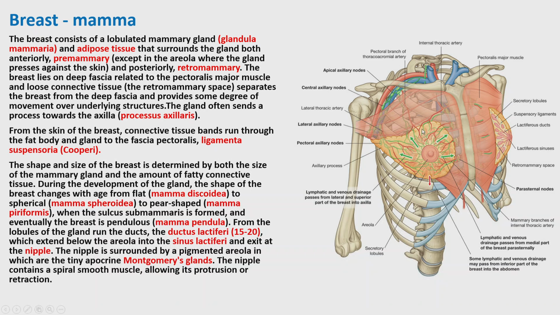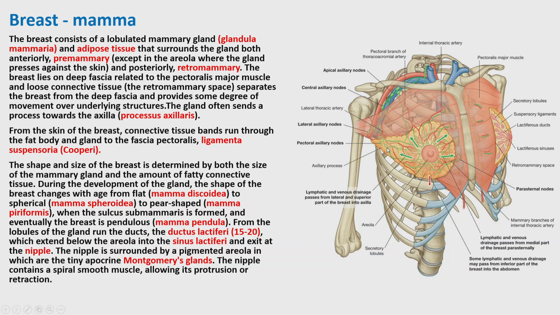This adipose tissue we divide into the premammillary adipose tissue, which is in front, in front of the pectoralis major muscle, except for the areola, which doesn't have the premammillary fat tissue, and behind you have another fatty tissue which is called retromammillary fatty tissue, which separates the breast from the deep fascia and allows the movement of the breast against the deeper area.